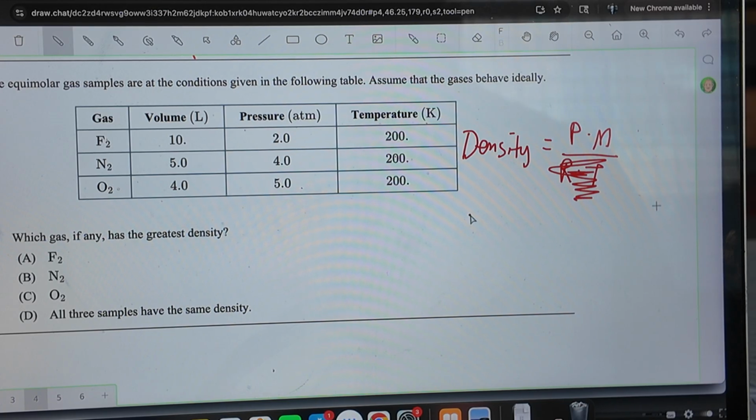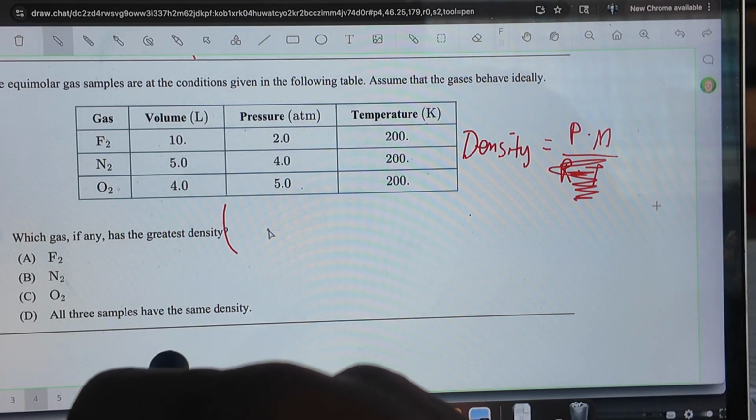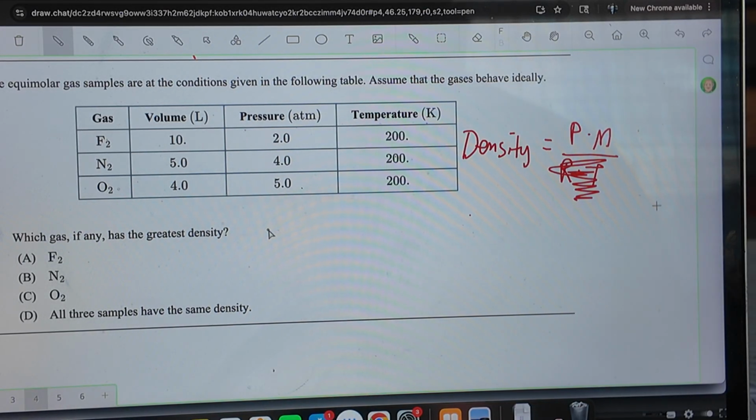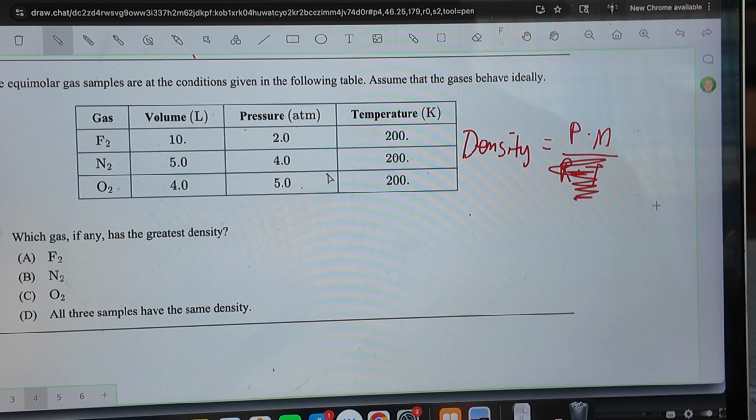And then all the temperatures again are the same, so we can ignore this. Okay, so for the M values, for these conditions, which would have the greatest density.